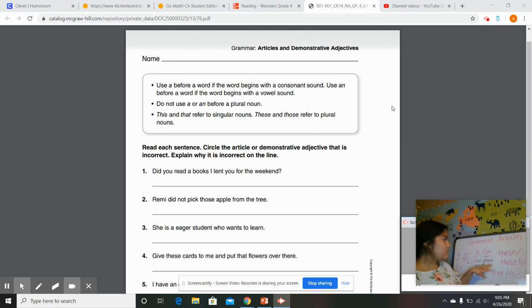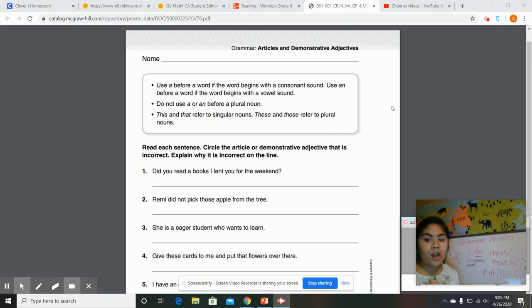Now, the next words I have are these and those. Now, those words are used for plural nouns. For example, there's that one video that says, look at all those chickens, right? So, those chickens. Chickens is the noun, and it's plural. It's more than one.